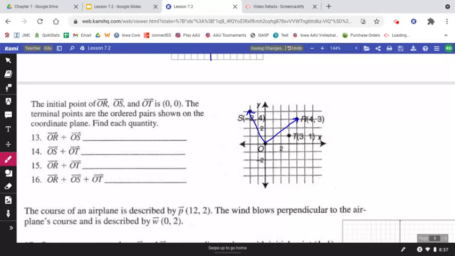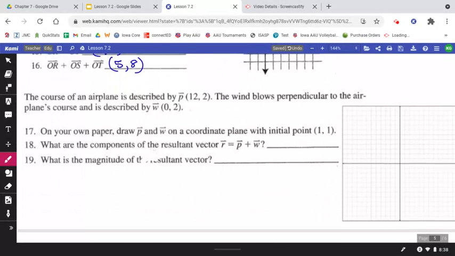So I add the x's, which is 4 plus -2, which is 2, and add the y's, which is 3 plus 4, which is 7. OS and OT would be -2 plus 3, which is 1, and 4 plus 1, which is 5. OR and OT would be 7, 4. And when I add all three of them together, that would give me 5, 8.